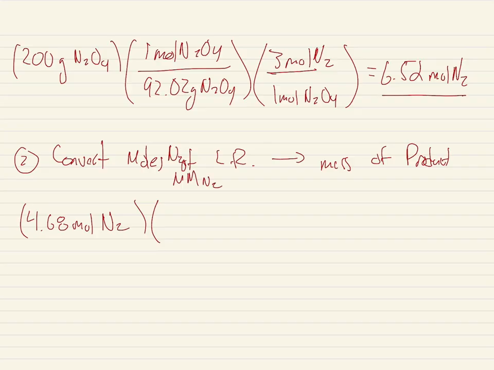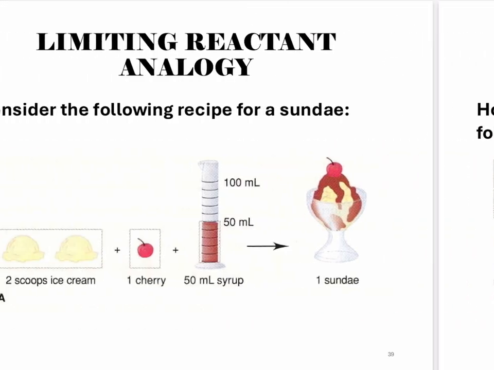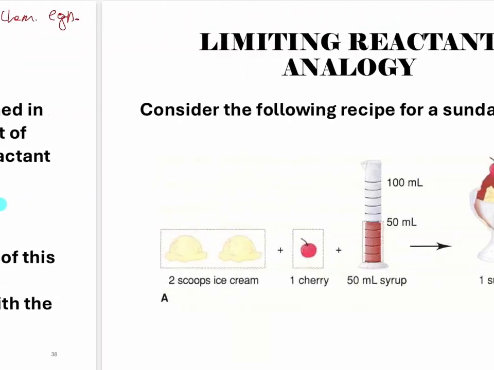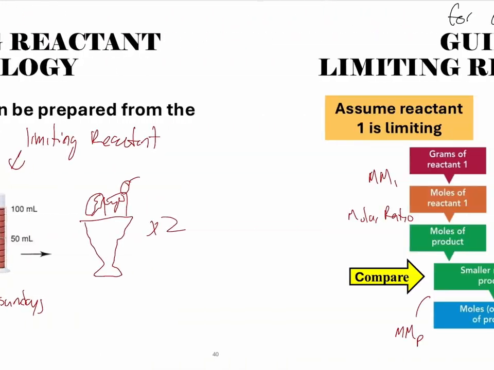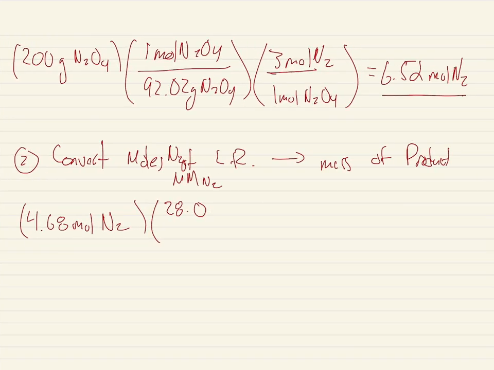And we're going to multiply by the molar mass so that the units of grams are in the numerator. So I believe it was 28.02 grams of N2 per 1 mole of N2.